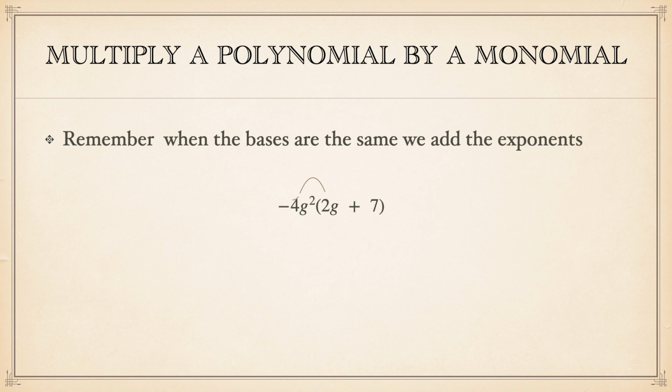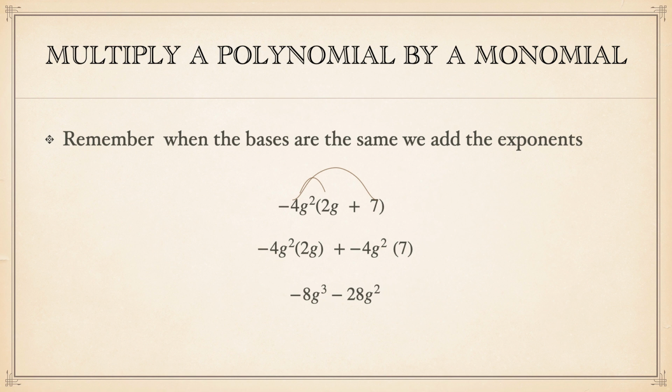And when I do that, so now I have here negative 4 times 2, all right, and g squared times g, all right? So it's the same as negative 4g squared times 2g and negative 4g squared times 7.